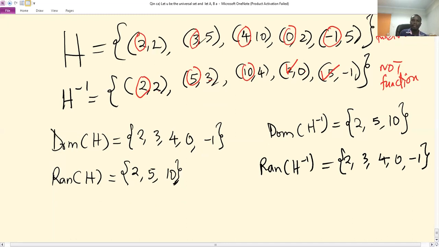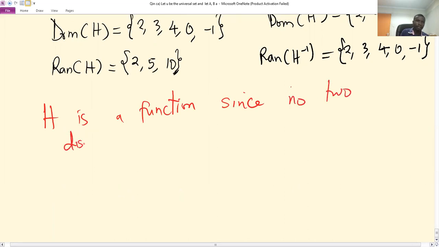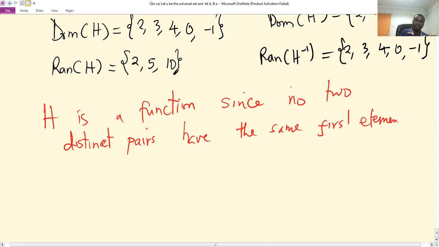So formally we say H is a function since no two distinct pairs have the same first element and different second elements.